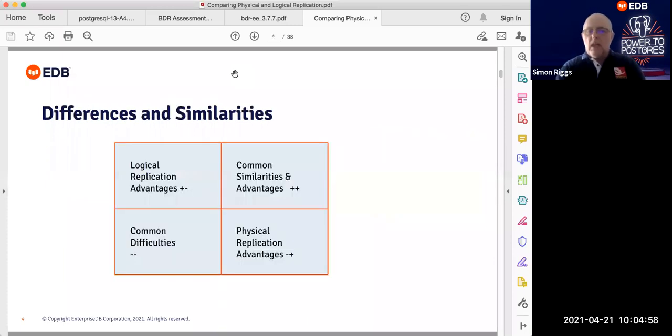So in order to compare 2 things, you can usually talk about the things that they have in common, so common similarities and advantages. You can also talk about the things that they have in common that are negative, so common difficulties. And then also you can talk about things where logical replication has an advantage over physical, and then advantages that physical has over logical.